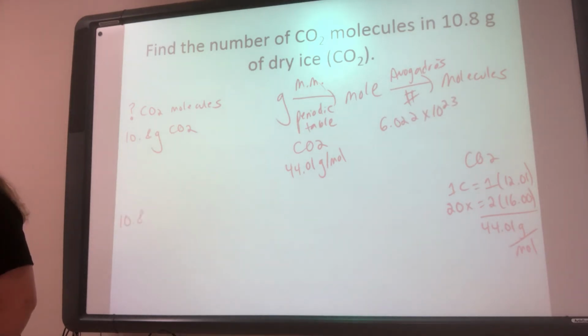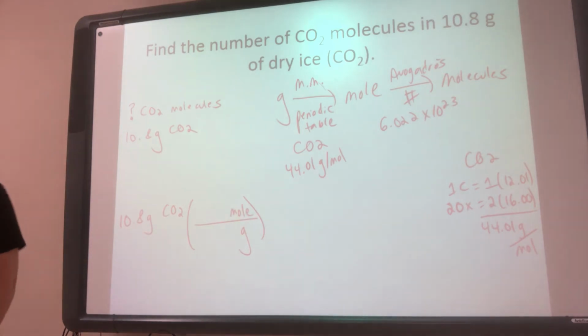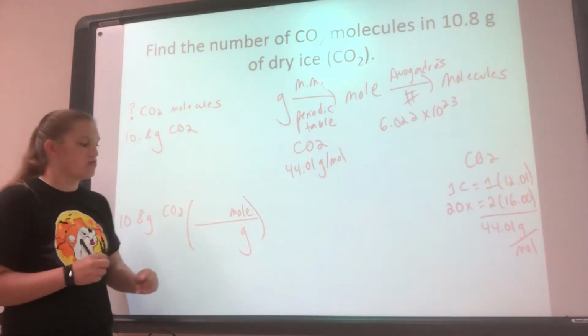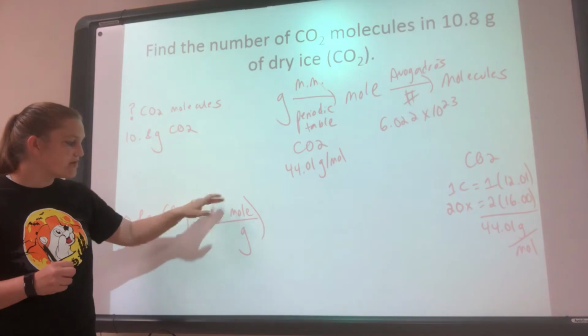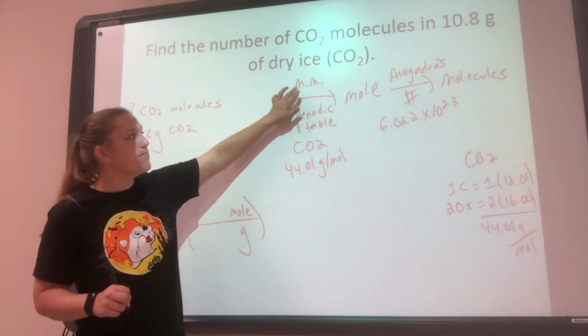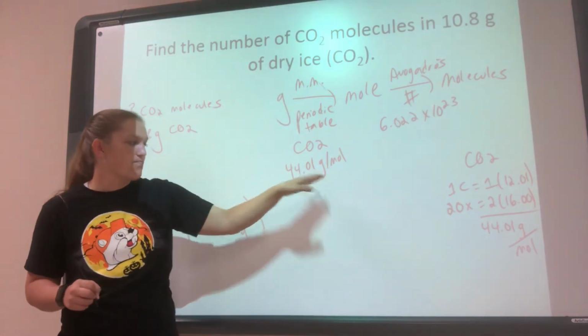So 10.8 grams of CO2. I don't want grams, so grams have to go on the bottom. And I have to go to my bridge. My bridge is the mole. Right? So don't want grams, so it goes on the bottom so it cancels, and I'm trying to get to moles. So I need something that relates grams and moles. We said the way I go from grams to moles is my molecular mass, or my molecular weight, and that was the number I added up.